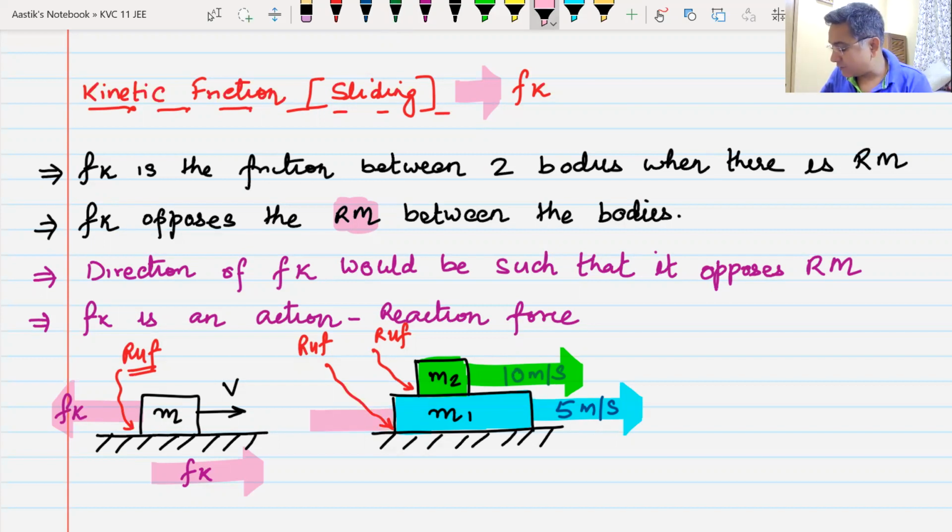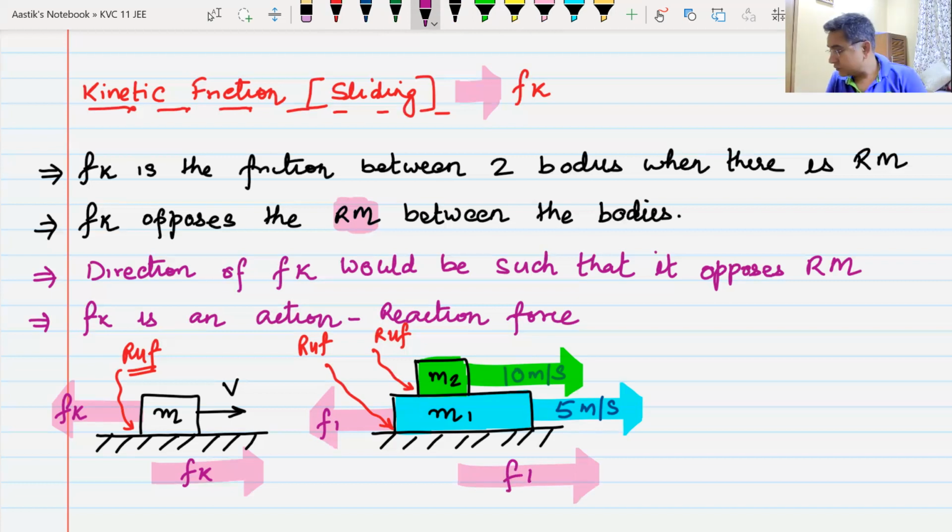The ground will apply a force in the backward direction. This is F1, the frictional force applied by the ground on M1. So M1 will also apply the same frictional force on the ground, in the forward direction, F1. Do we understand this? Yes or no?